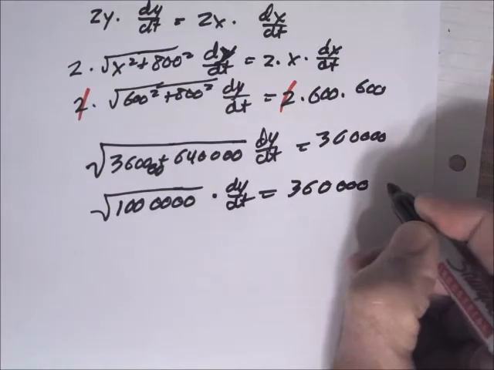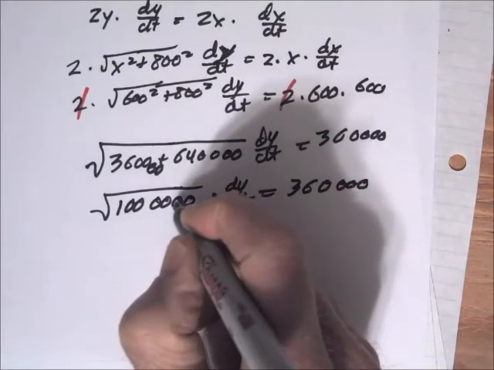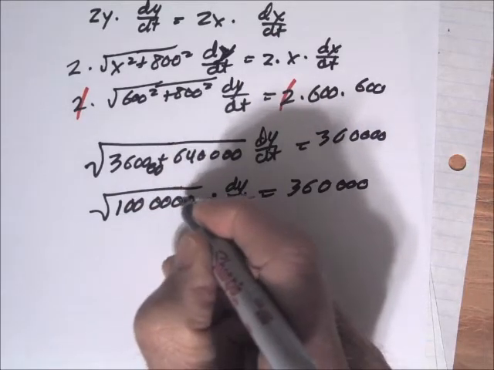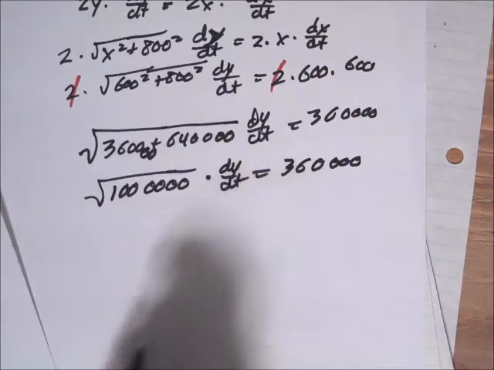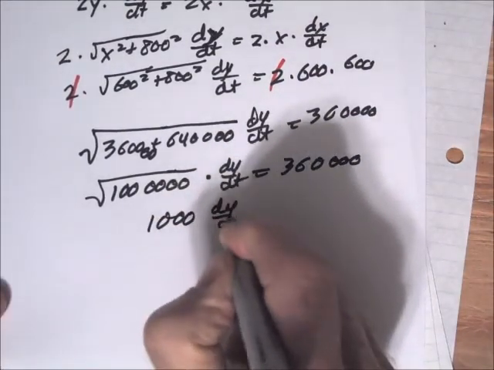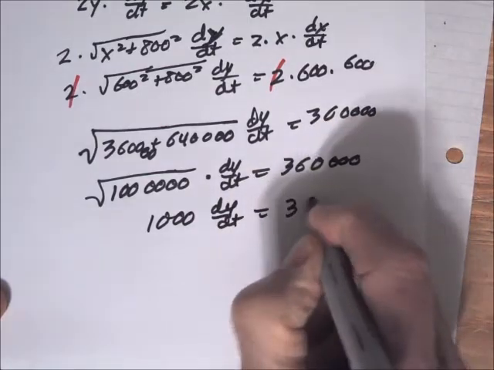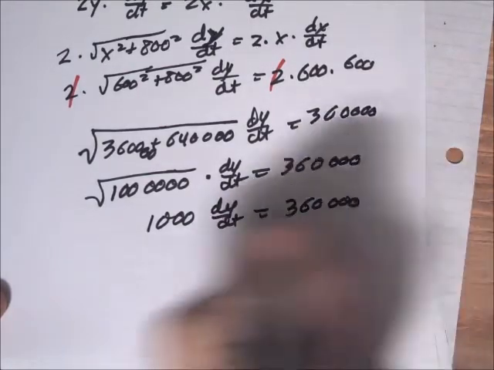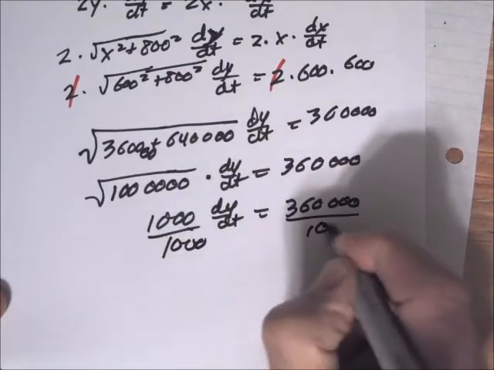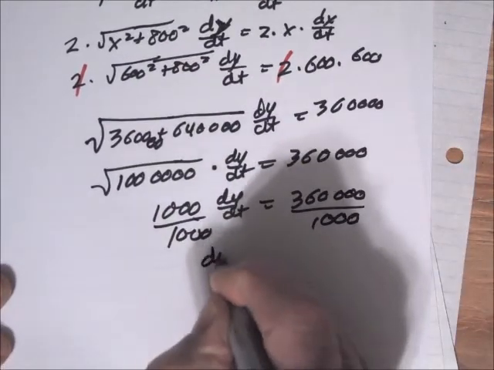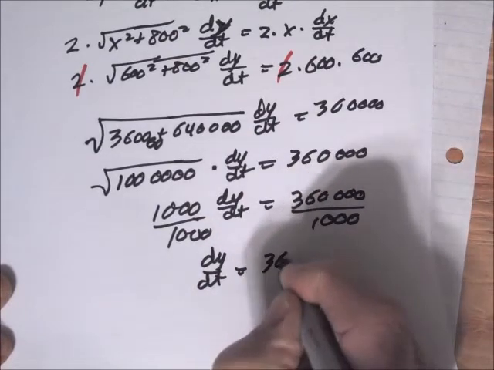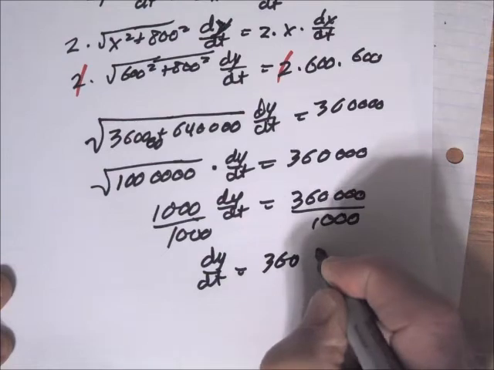If we take the square root, we take half the number of zeros, so 1,000 dy/dt equals 360,000. Divide both sides by 1,000 and chop off 3 zeros. So dy/dt is going to be 360 feet per second.